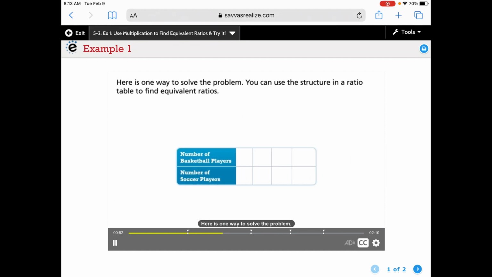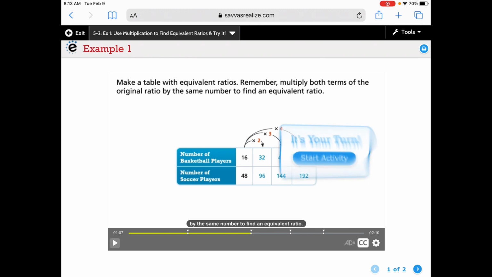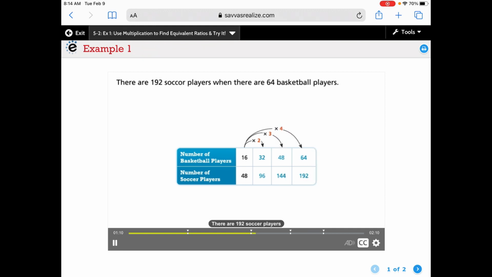Here's one way using a table. You can use the structure of a ratio table to find equivalent ratios. We make a table with equivalent ratios. We're just going to double it. That's 32 to 96, triple it, 48 to 144, and then quadruple it, and there we get our 64. There are 192 soccer players when there are 64 basketball players.